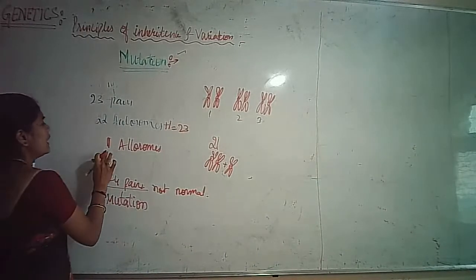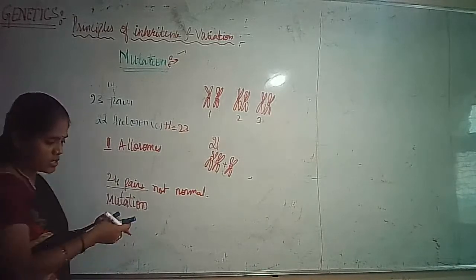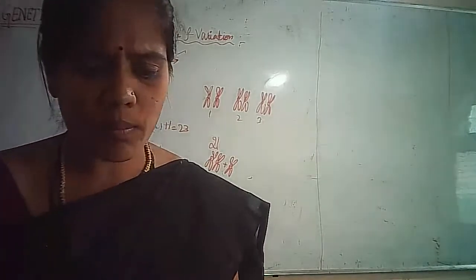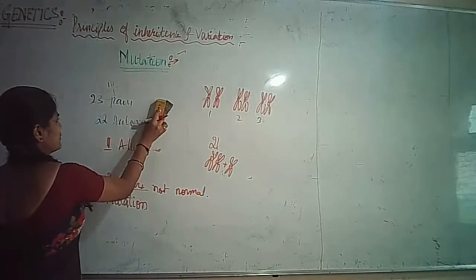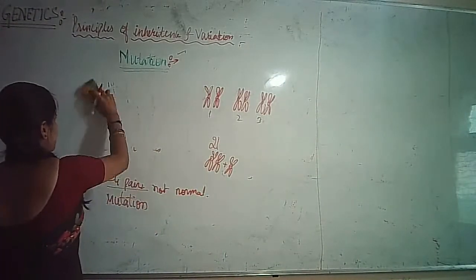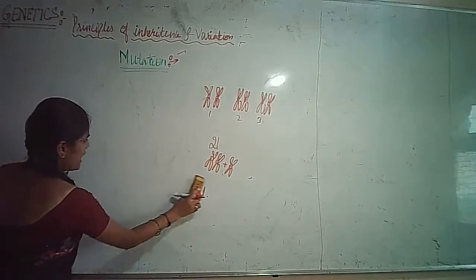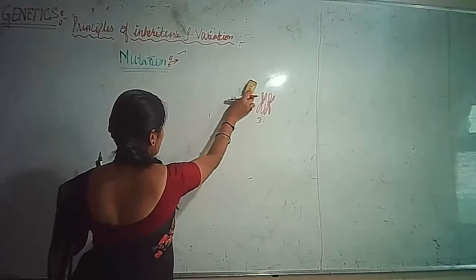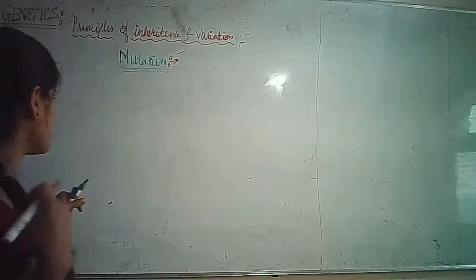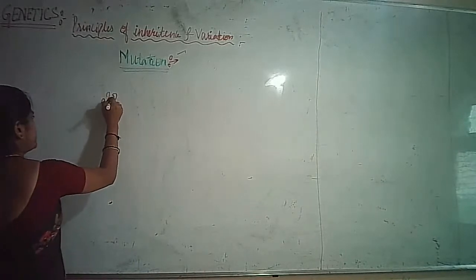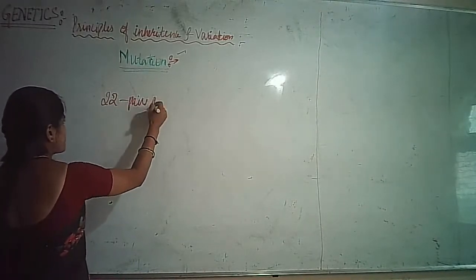For example, in this one pair, normally I said it is now. So what happens now here? Addition, I have shown you. For example, that is allosome, that is a sex chromosome. For example, 22 pairs are autosomes, which is correct.